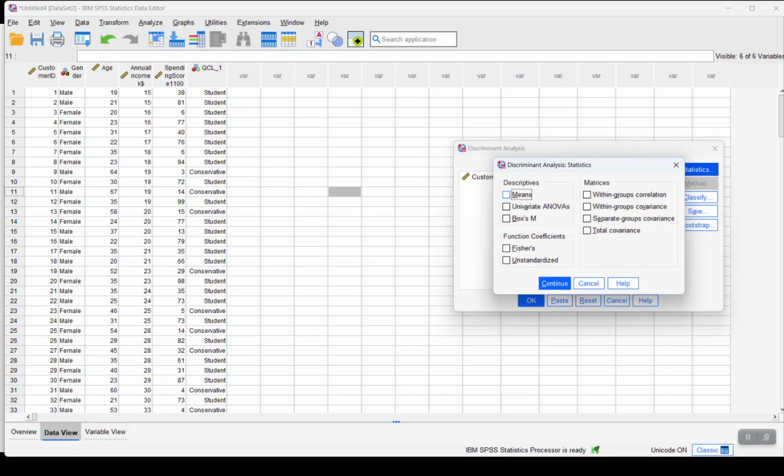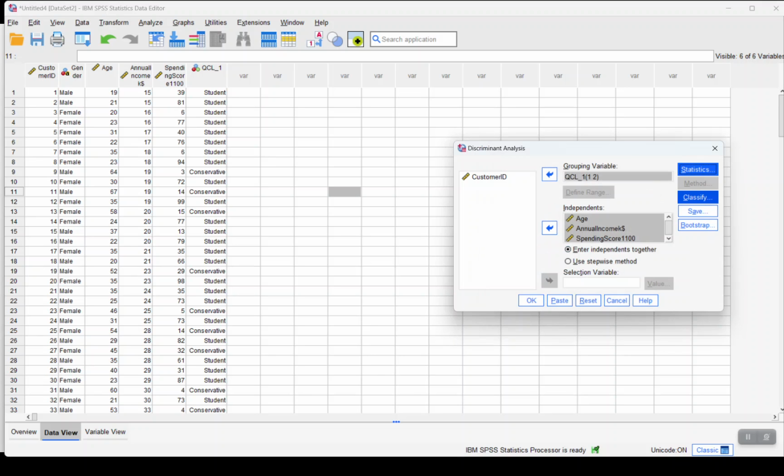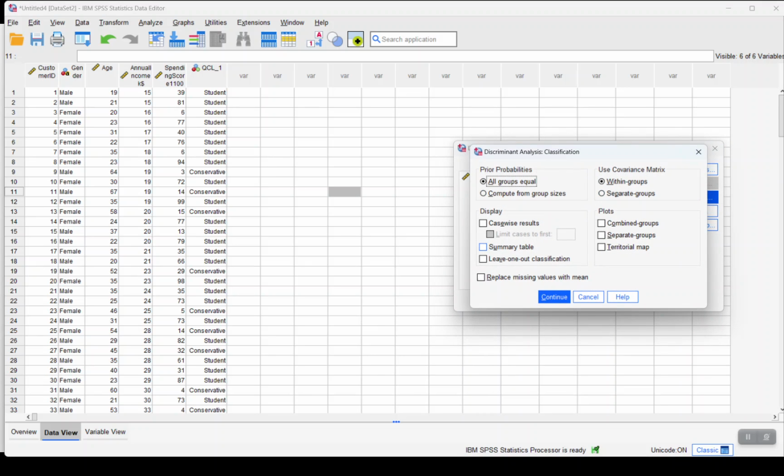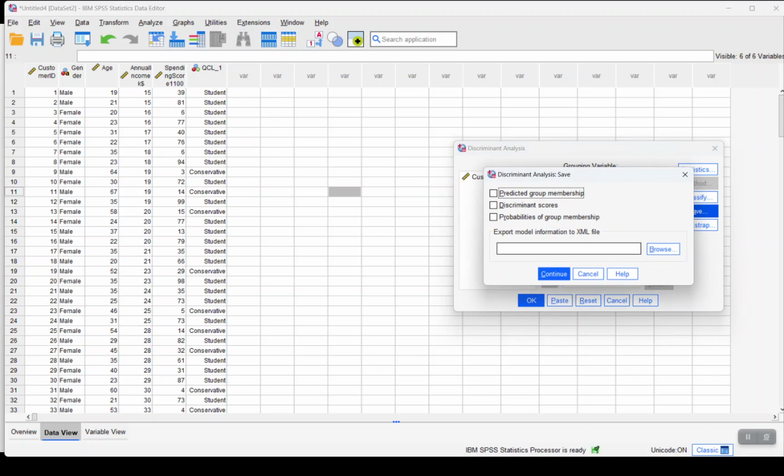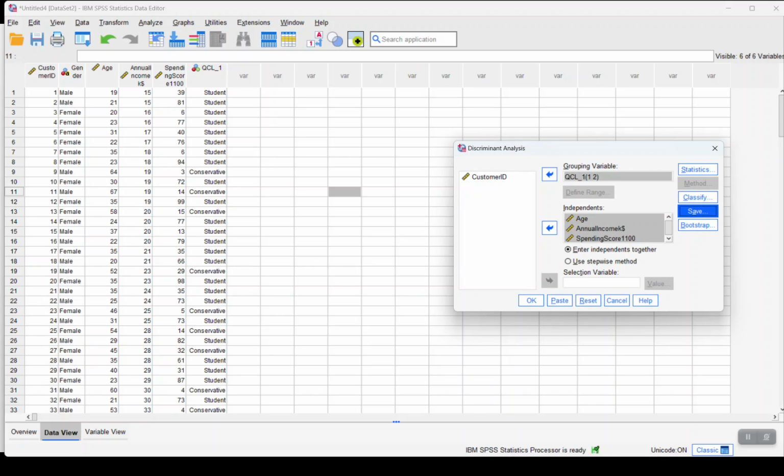For statistics, we will need these descriptive values of mean, univariate ANOVA, and Box's M. So we check all these three and click on continue. For classify, we will use leave-one-out classification, and we will save the predicted group membership and the probabilities of group membership for this exercise. Once we have selected this, we click on OK.